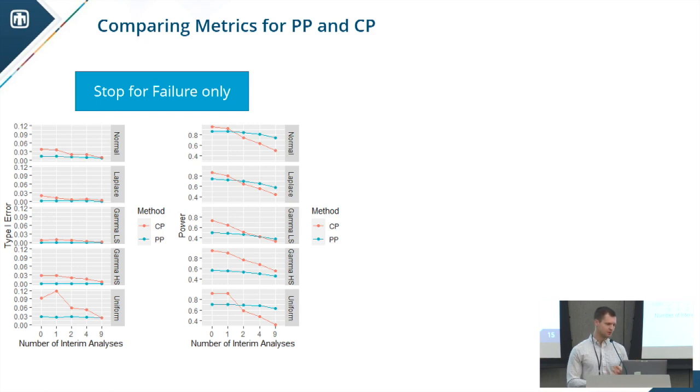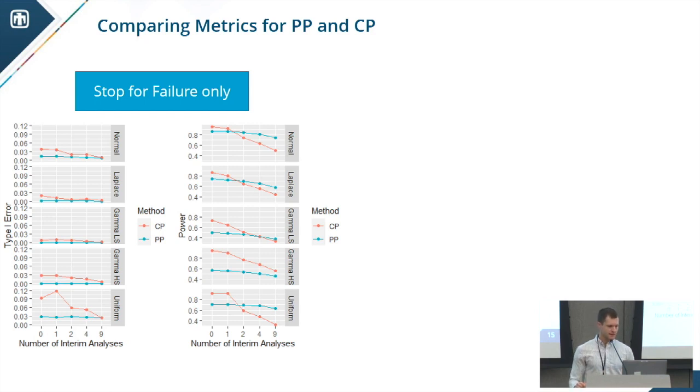In blue is the predictive probability, in red is conditional power, and on the left side are the type 1 error rates. You can see that for the most part, all the type 1 error rates are below the nominal threshold of 0.05. It does appear that conditional power has a little bit higher type 1 error rate than predictive probability, but nonetheless, they all look pretty good, even as I continue doing additional interim analyses.